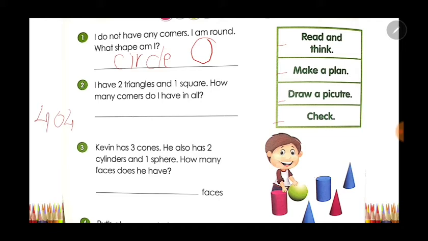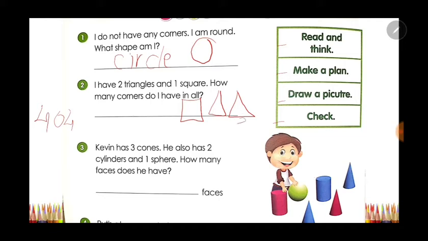Number 2. I have 2 triangles and 1 square. How many corners do I have in all? Teacher's hard. Let's draw. So I have 2 triangles. The first triangle, the other triangle, and I have also 1 square. How many corners in all? Let's count.